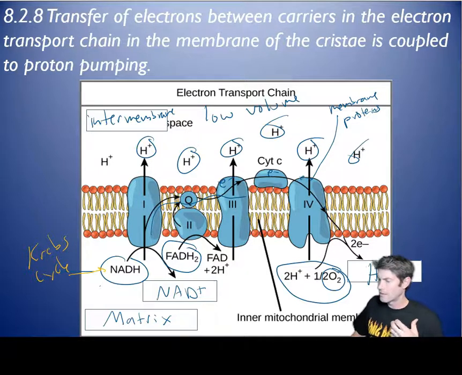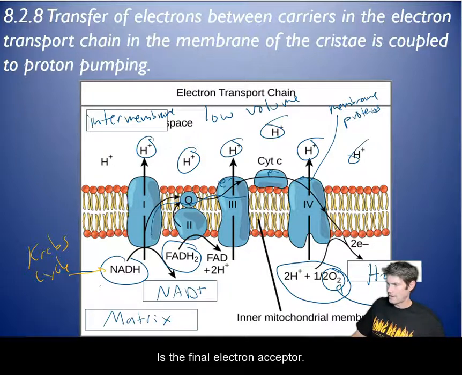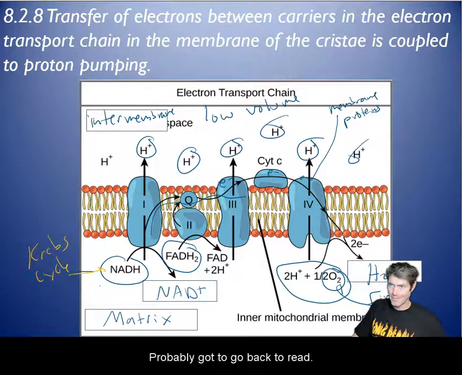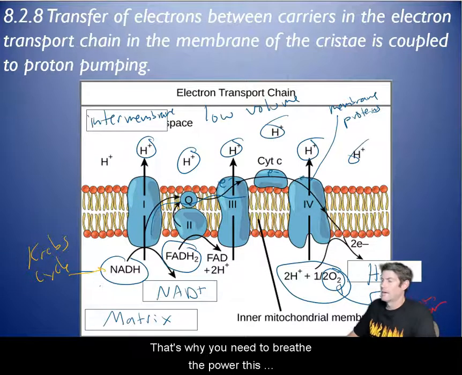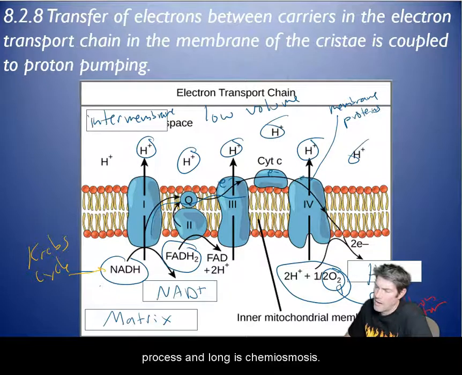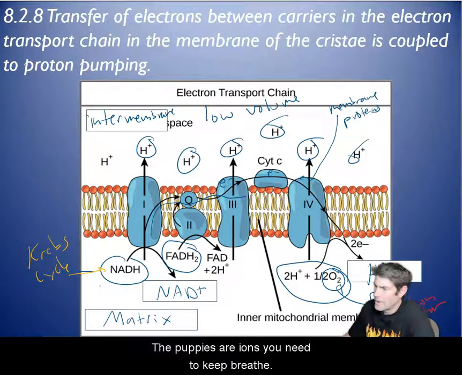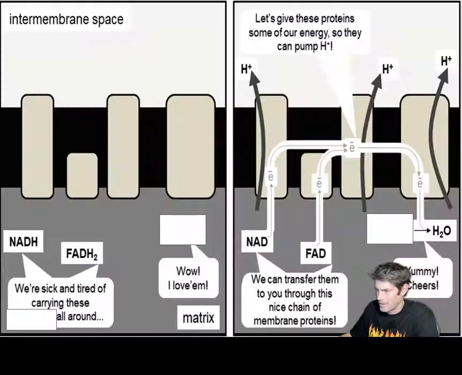You need to breathe because this oxygen is the final electron acceptor. That's why you need to breathe. To power this process along, this chemiosmosis, to pump these ions, you need to keep breathing.